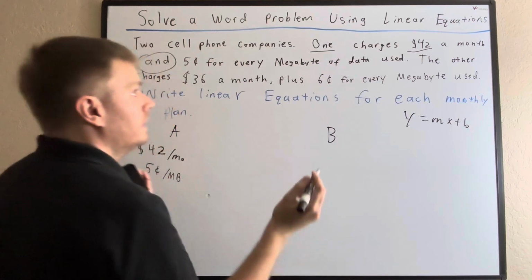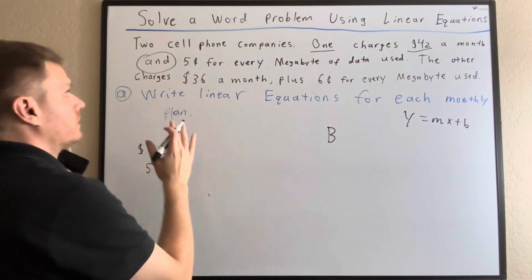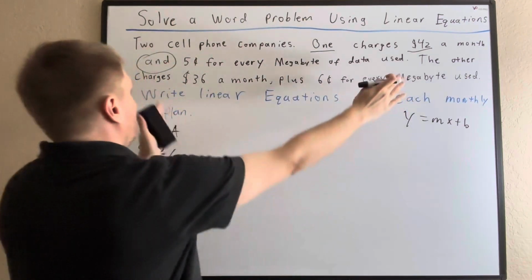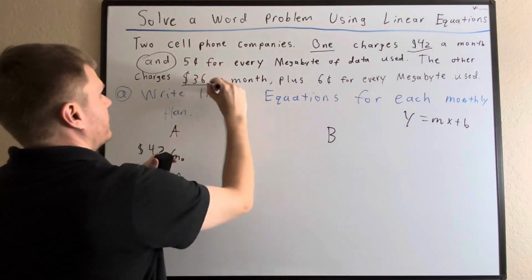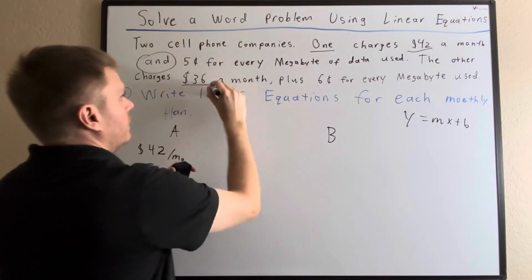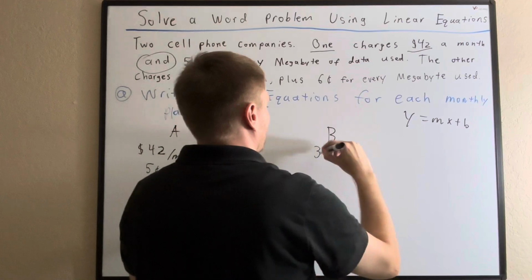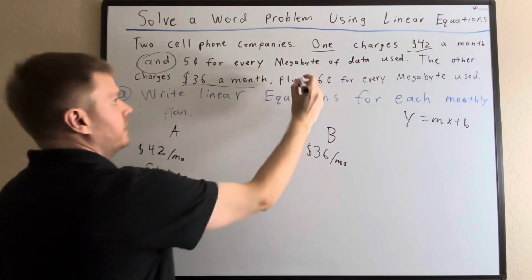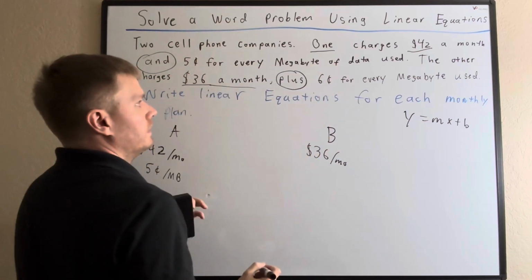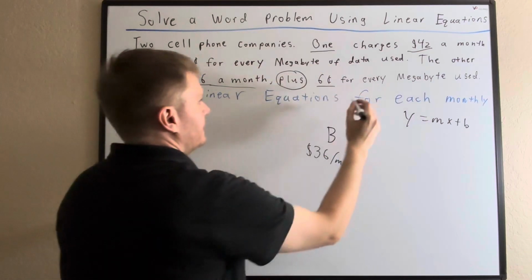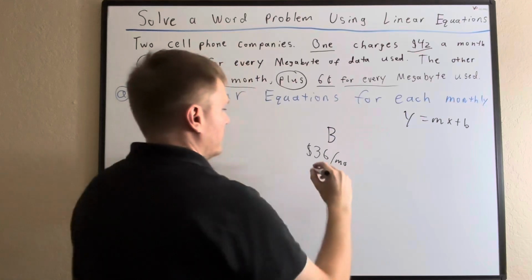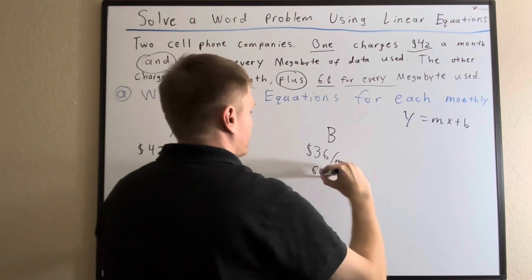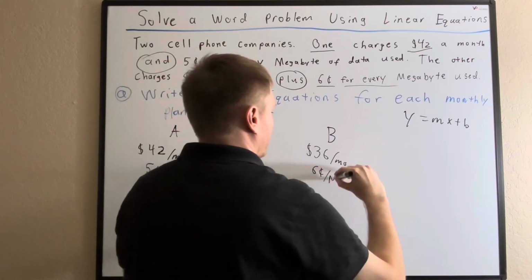Now we're talking about the other company. The other charges $36 a month, $36 per month. Plus, there's a key word there. 6 cents for every megabyte used. So 6 cents per megabyte.